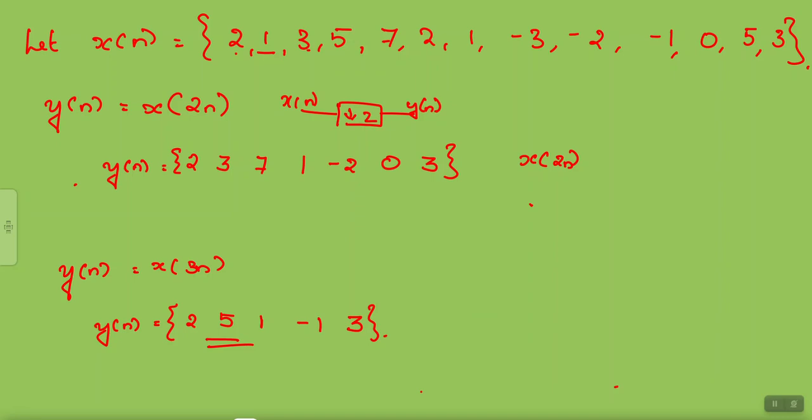Okay, so the next portion is the spectrum of a downsampler.